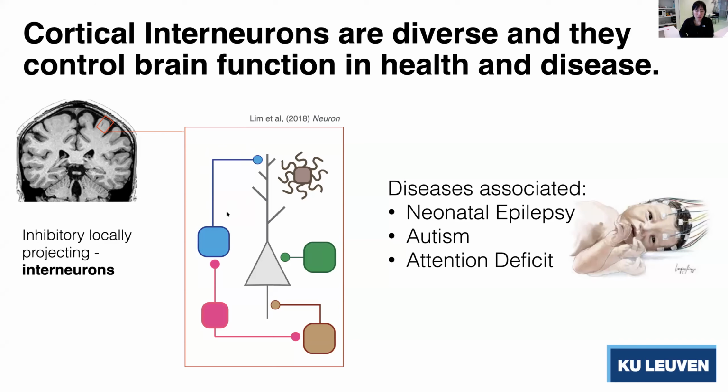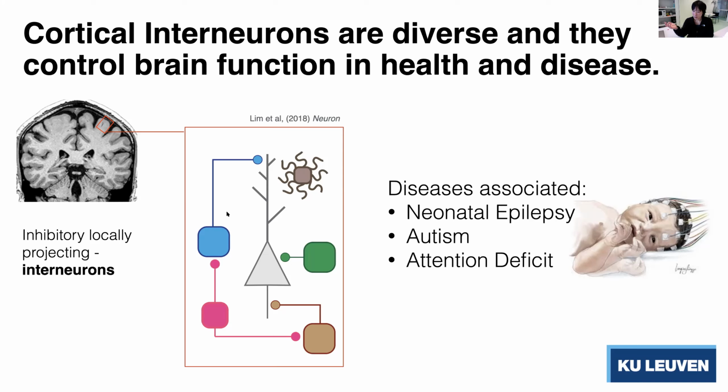Now, they are very important because they control local circuits. I'll give you an example. If you're at a noisy party, you can still have a relevant conversation with someone because your brain is able to gate out all the excessive irrelevant information and let you carry out this conversation.